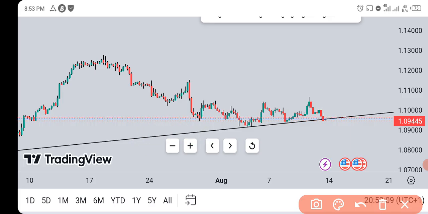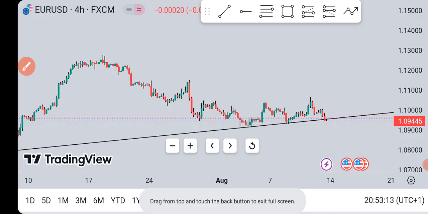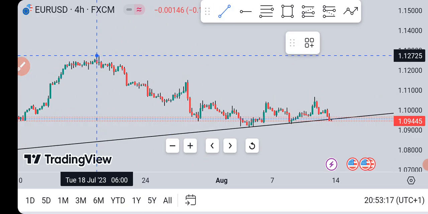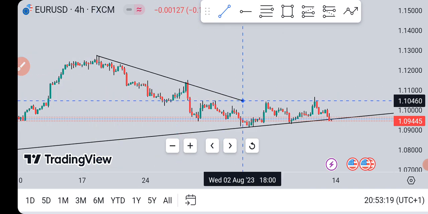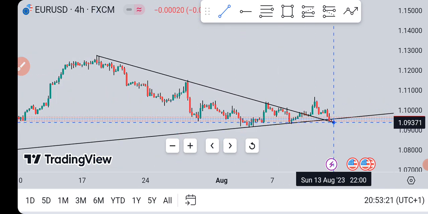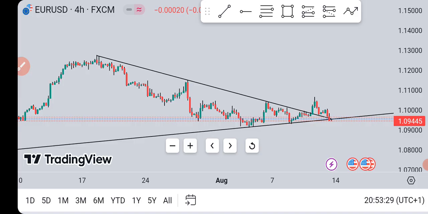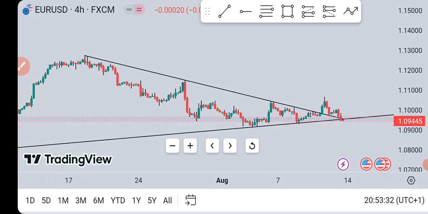Now we also have this correction with a trend line to the downside. According to what Dapo Willis taught me, remember Dapo Willis is my second mentor, so I got his course, the third touch of every trend line is the most active.